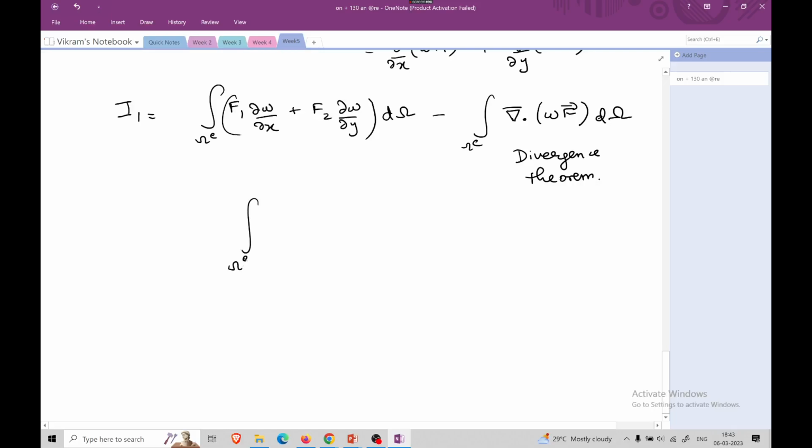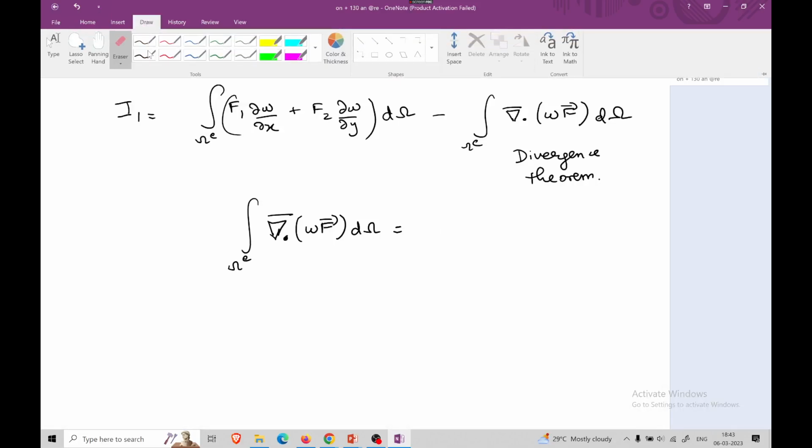So what is the integral of del dot W F? Can anybody tell? I am taking the divergence of the W F vector. This is a volume integral. What am I going to get on the side? A surface integral, sir. Yes, a surface integral. I am going to get it this way.